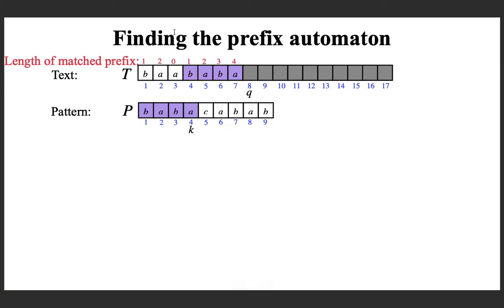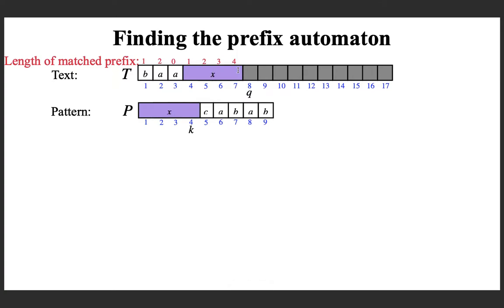So, at any point of time during the processing of the input string, what we have to keep track of is the largest prefix of P, which is a suffix of the string processed so far. Suppose the string is called X, then the suffix here must be X, the largest one.